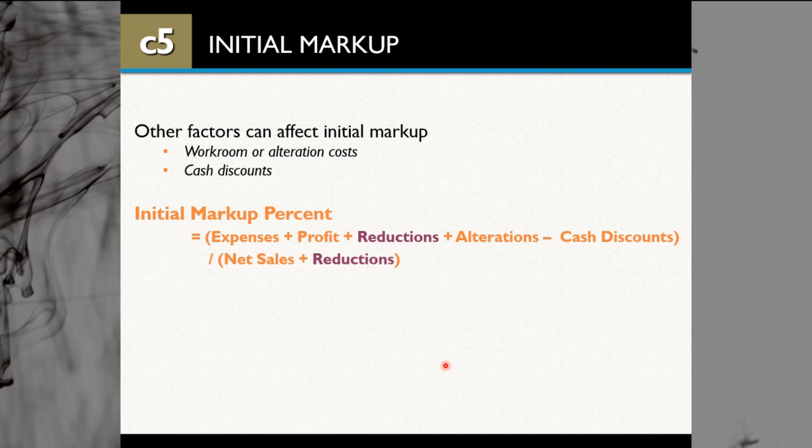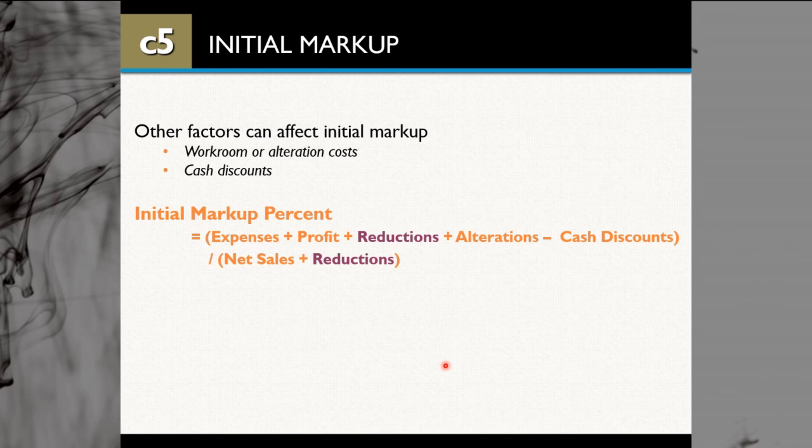Retailers sometimes are required to assemble products that are not fully assembled by the vendor. Then these additional costs are included in the retail value of the goods. So you need to consider this alteration cost, and you're going to put that as a possible markup, additional price, because that's going to influence your retail price.